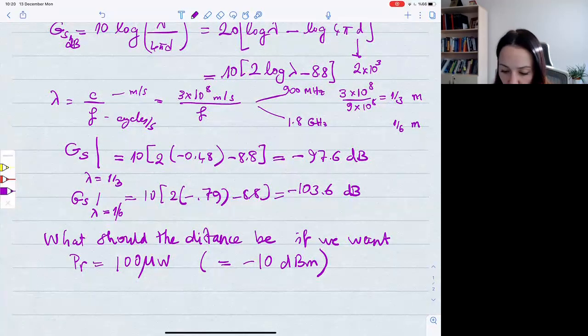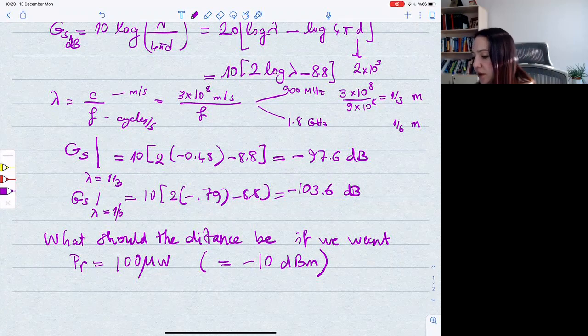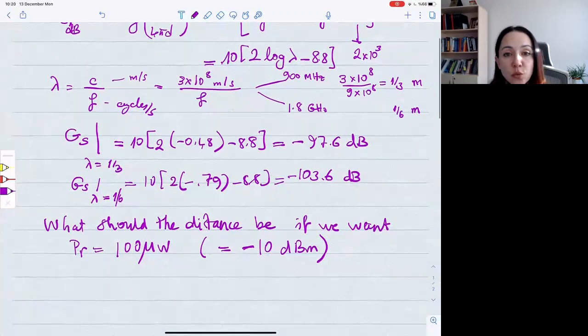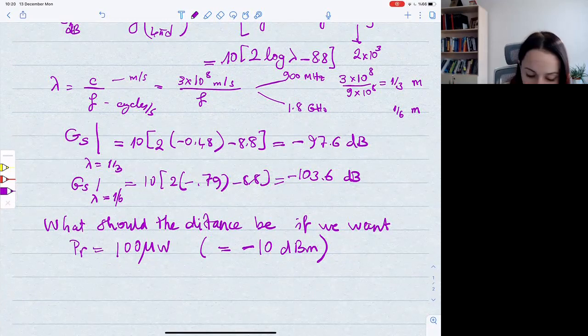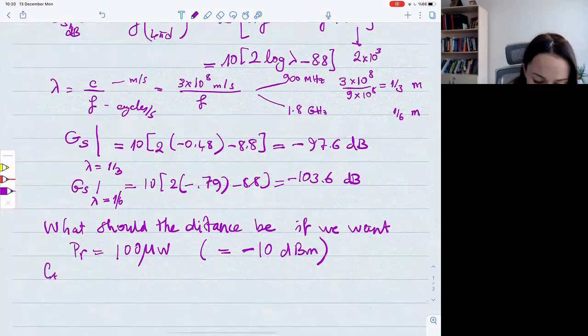If we want negative 10 dBm, what is the distance? What is the largest distance? So if you want at least negative 10 dBm to be received, what is the largest distance that we can tolerate? That would determine the radius of the cell in the cellular communication system. So let's consider the worst case. What is the worst case?